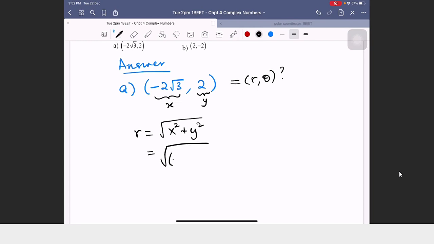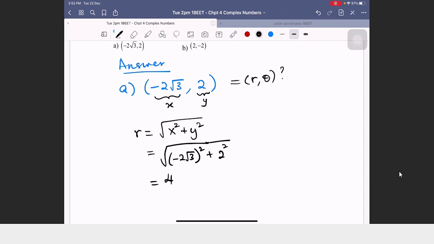Then minus 2 root 3 squared plus 2 squared. You can use a calculator, but if I compute this, minus 2 root 3 squared means 4 times 3, 12, 12 plus 4, 16. So the square root of 16 is 4.